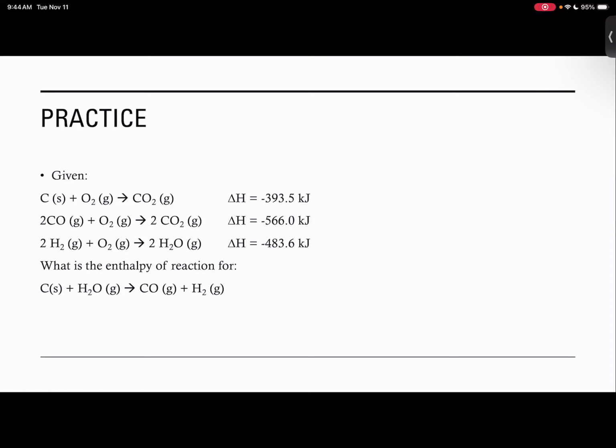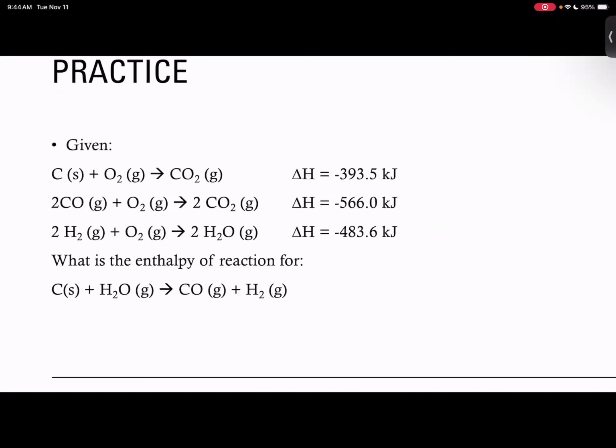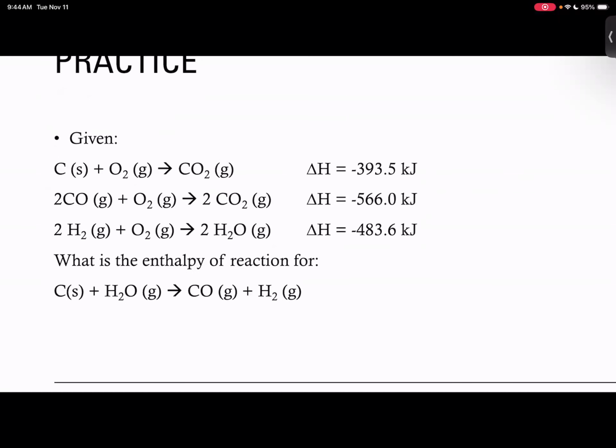So here I have carbon solid plus oxygen gas going to form carbon dioxide. It has an enthalpy of reaction of a negative 393.5 kilojoules. I have 2 carbon monoxide gas plus oxygen gas going to form 2 carbon dioxide gas with an enthalpy of a negative 566 kilojoules.